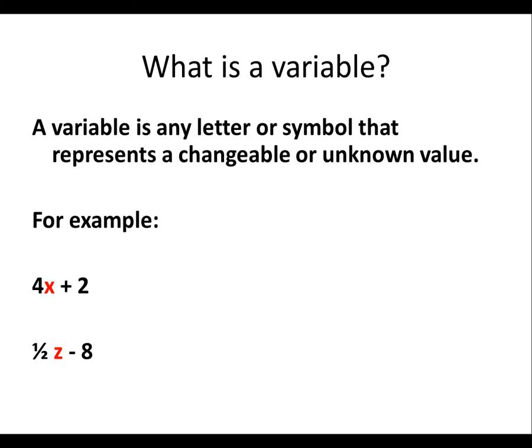In 1/2 z minus 8, z is the variable. So a variable is any letter or symbol that represents a changeable or unknown value. Are you writing that down in your notes? That is a term that we need to know.